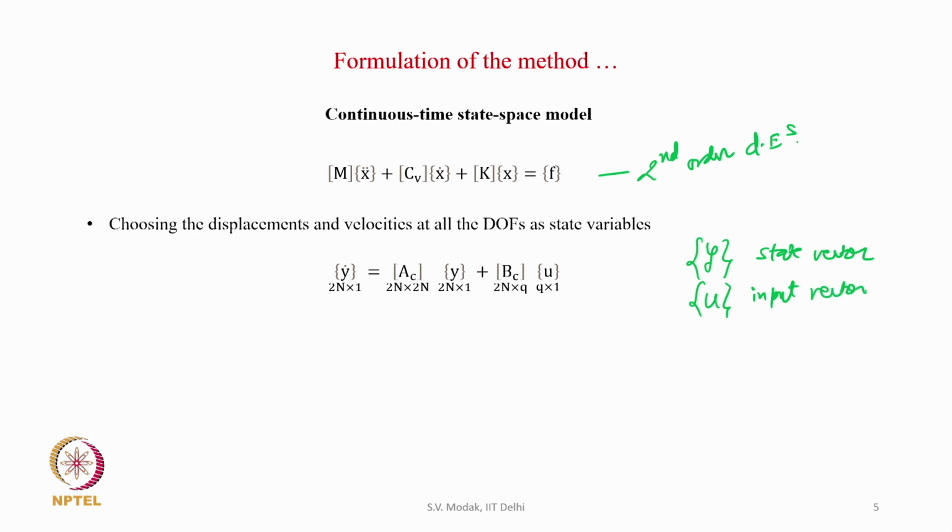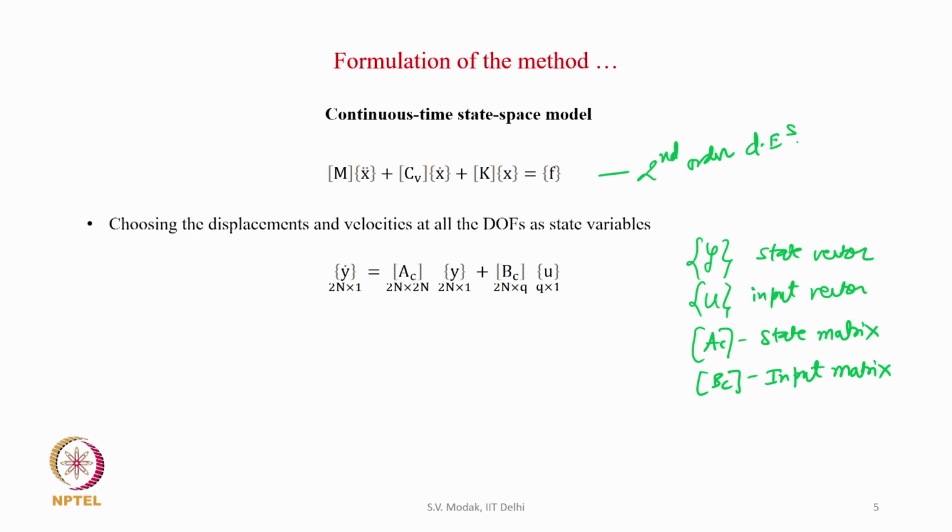so currently we assume that there are inputs acting at q number of degrees of freedom, right. So, it is of order q by 1, and then AC is the state matrix and BC is the input matrix, because it is the coefficient of the input vector.